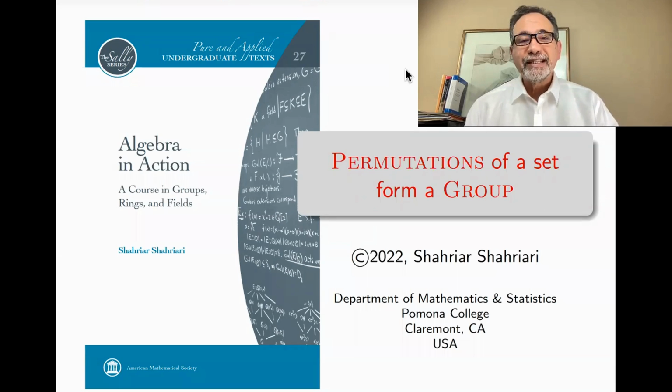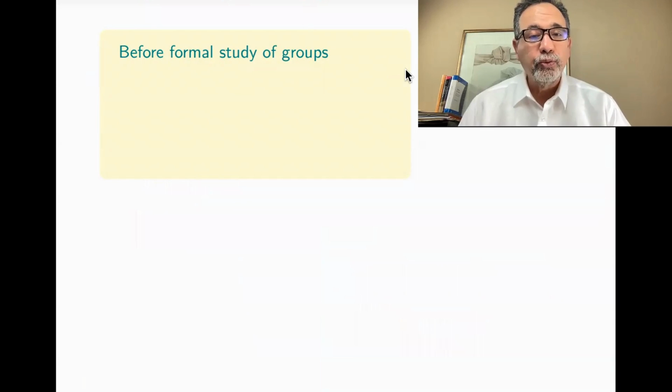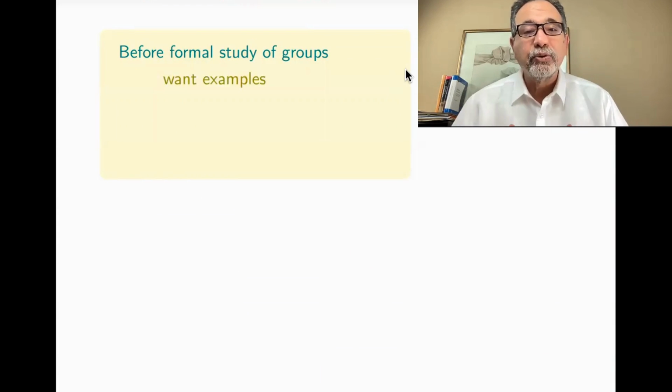The subject of this lecture is showing that permutations of a set form a group. Before formally studying groups, defining them, and abstractly trying to see what we can say about groups, we would like to have a lot of examples. We want to see that these groups that we are going to study actually come up.